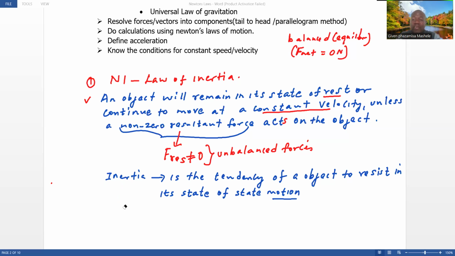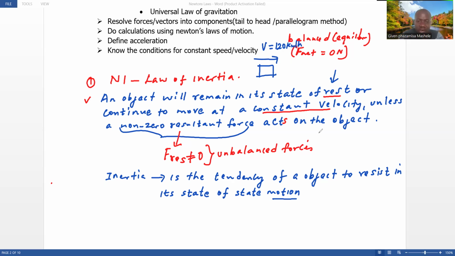For example, imagine you are in a car traveling at a speed of 120 kilometers per hour. According to this law, the object will continue moving at the same velocity unless the net force acting on it is no longer zero.